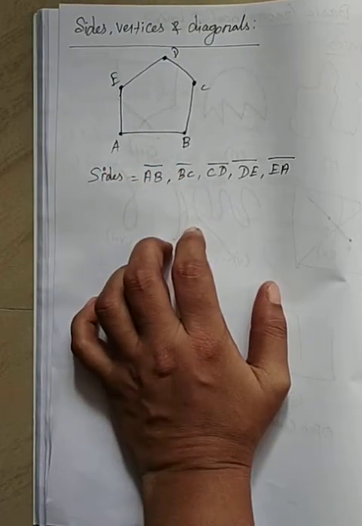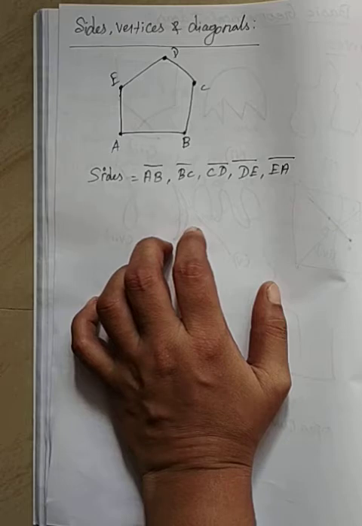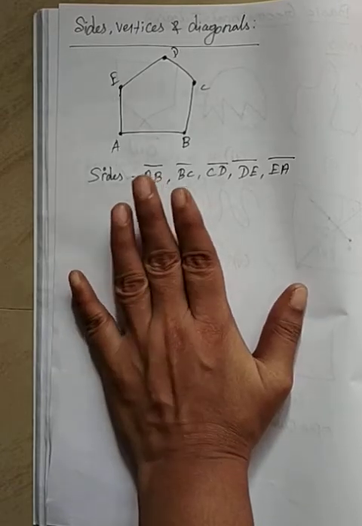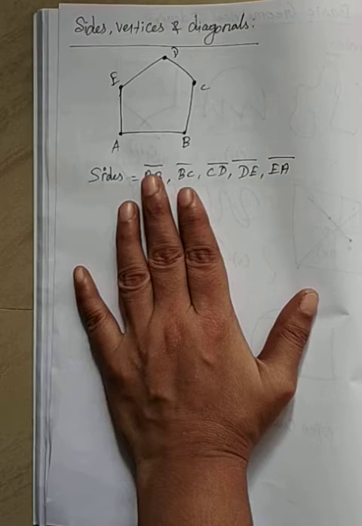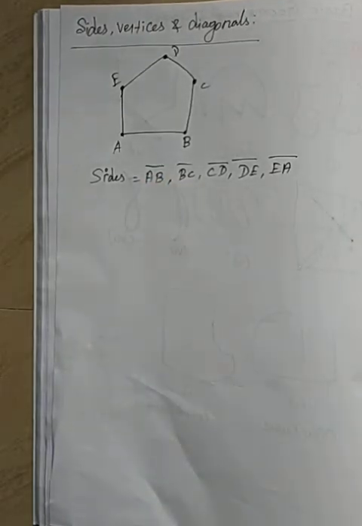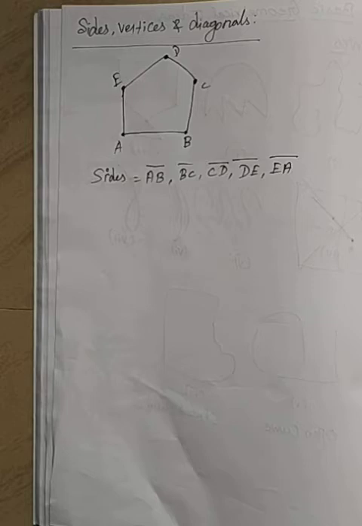Now, consider the pair of vertices which are not adjacent. The join of these vertices is called the diagonal of the polygon. First you have to understand adjacent. What is meant by adjacent? Any two sides with a common end point are called the adjacent sides of the polygon.